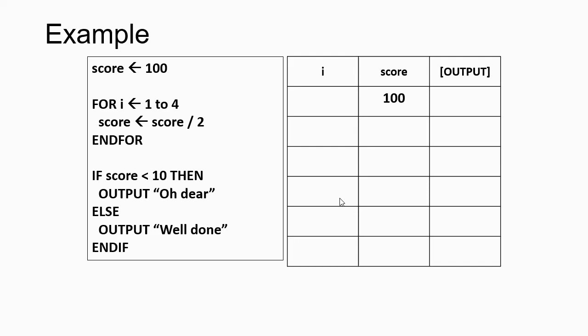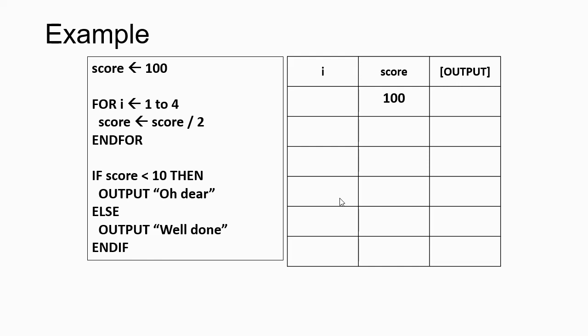Right, then our next line of code says for I equals 1 to 4. So in this case, I is essentially a variable. It's going to be used as a loop counter. That is going to store the values 1, 2, 3, and 4 in that order. And then during each iteration of this for loop, we're going to execute the line of code that's inside the for loop.